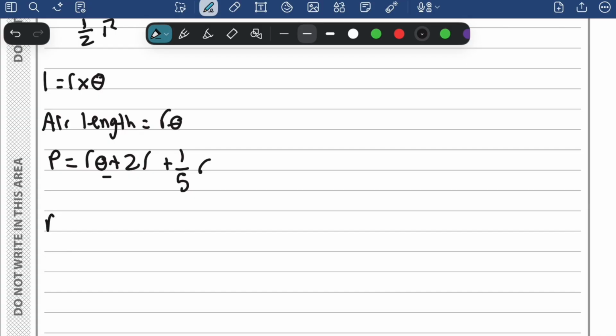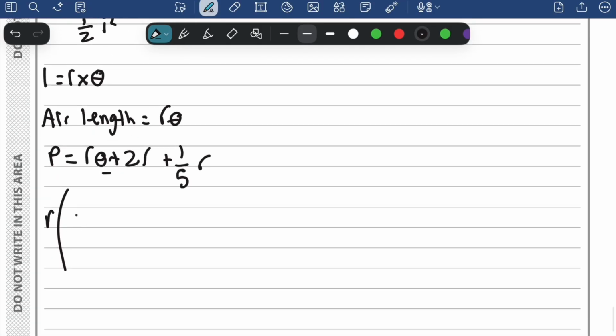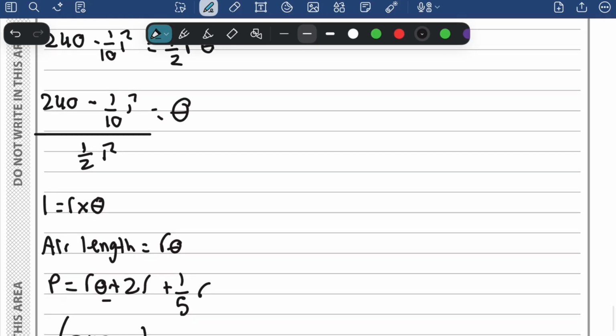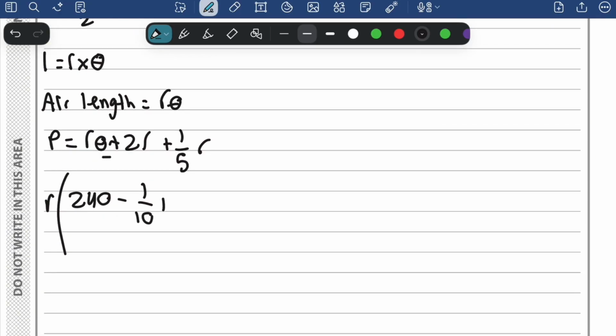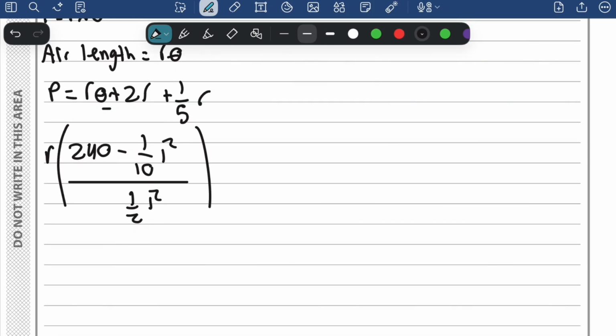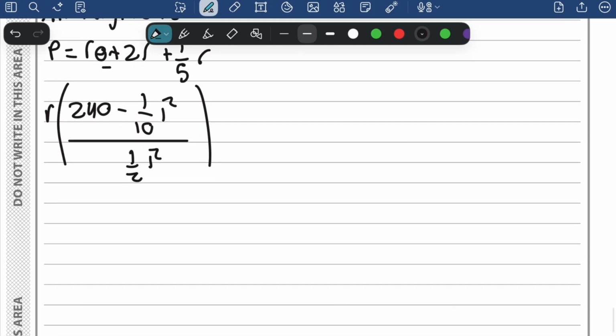So r multiplied by 240 minus 1/10 r squared over r, a half r squared, right? And 2r at a fifth r. So we multiply through, it'll be 240r minus 1/10 r cubed over 1/2 r squared.